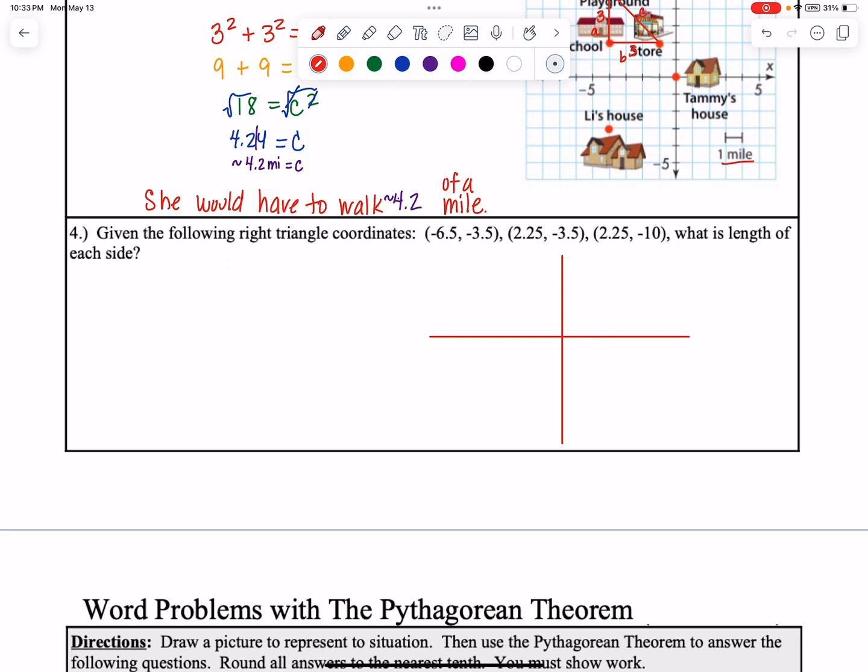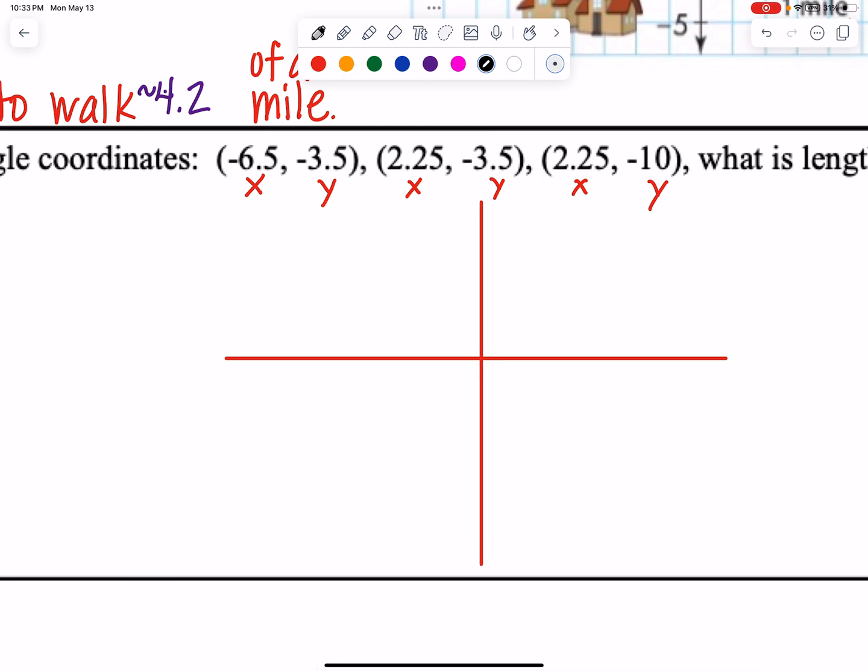If I look at the x-axis, remember I label these x, y, x, y, my biggest x is only 2.25. My smallest goes down to negative 6.5. So let's put some tick marks here. If I go 1, 2, 3, that's as far as I need to go on that side. On the other side, 1, 2, 3, 4, 5, 6.5, so I'll go to 7.